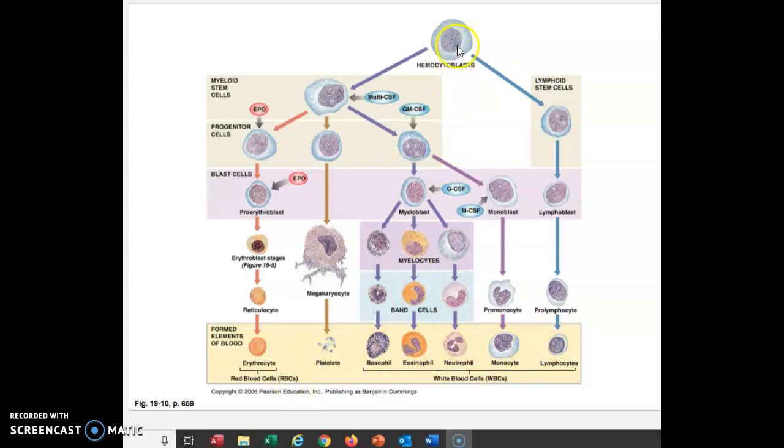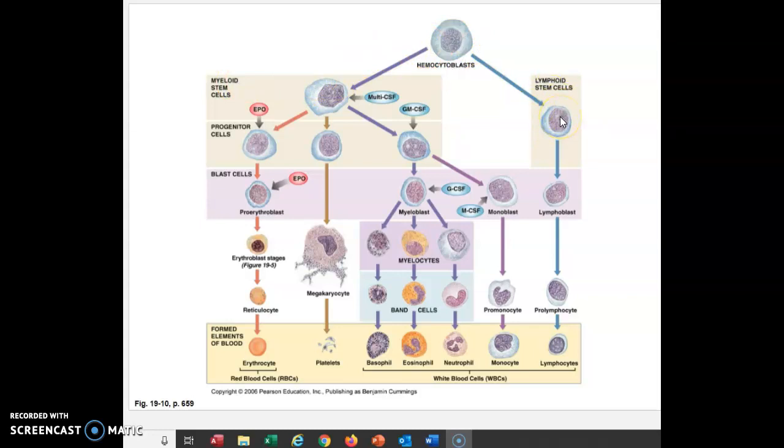Obviously, if we start here at the stem cell, notice that our next level is either a myeloid stem cell or a lymphoid stem cell. What determines whether the hemocytoblast becomes a myeloid stem cell or a lymphoid stem cell?